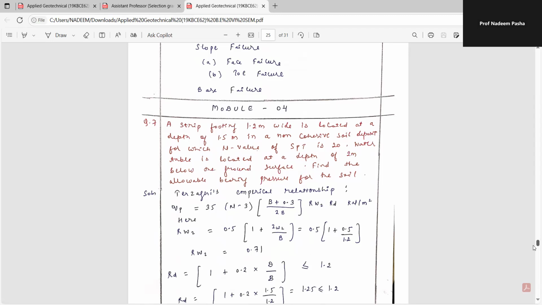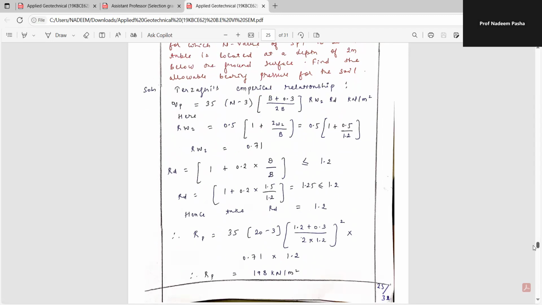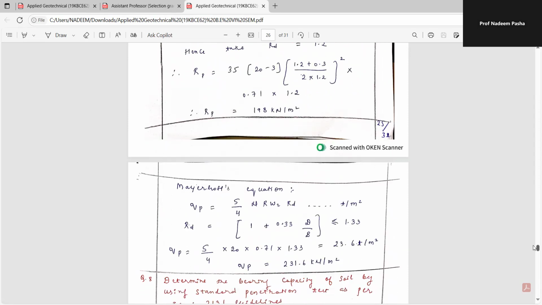So Rw2 comes out to be 0.7. Rd is equal to 1 plus 0.2 into D by B less than equal to 1.2. Rd equal to 1 plus 0.2 into 1.5 by 1.25 equal to 1.24, which is greater than 1.2. Hence take Rd equal to 1.2. qp equal to 35 into 20 minus 3 into 1.2 plus 0.3 divided by 2 into 1.2 square into 0.7 into 1.2. So qp comes up to be 190 kilonewton per square meter.